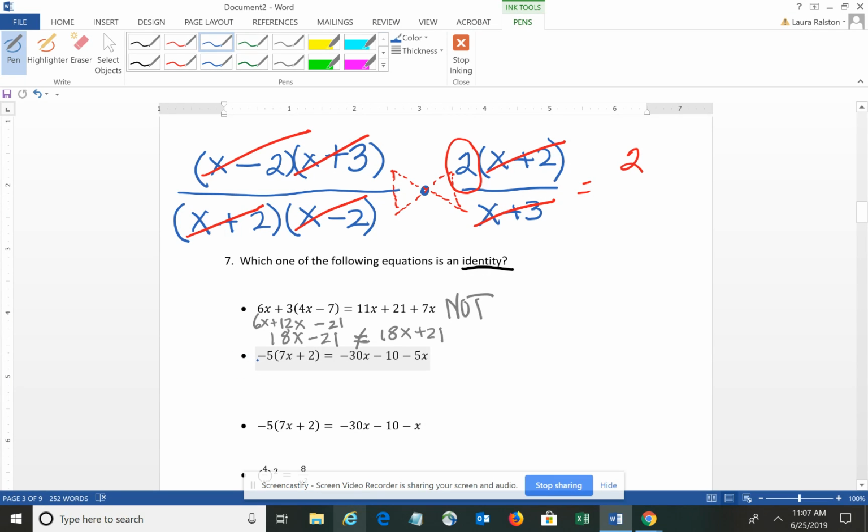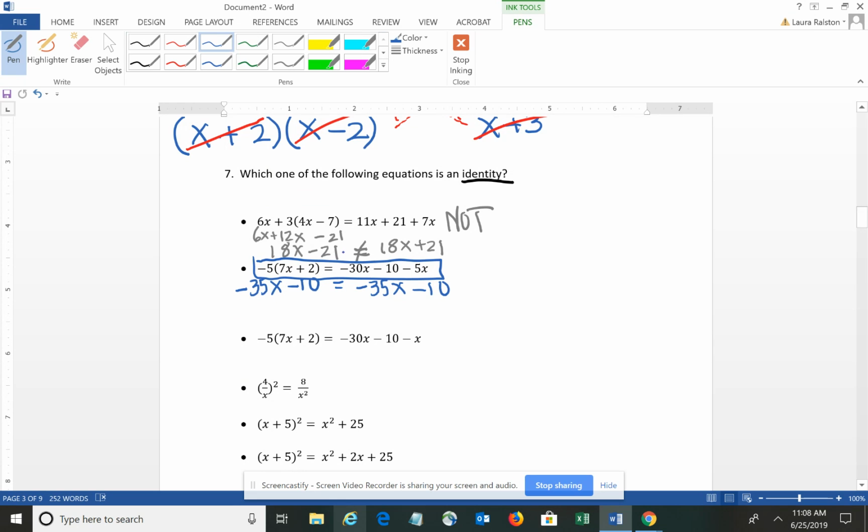You have to multiply the number outside the parentheses to everything inside. Negative 35x minus 10 equals negative 35x minus 10. That's a true statement because the two sides equal one another. So that is actually an identity. Then the next one, we have negative 35x minus 10 equals, but it's only negative 31x minus 10. Those are not the same, so that is not an identity.